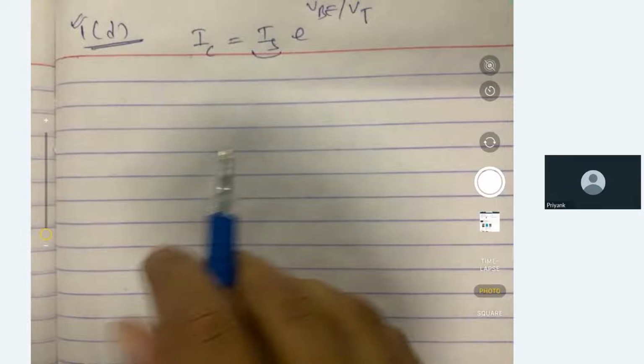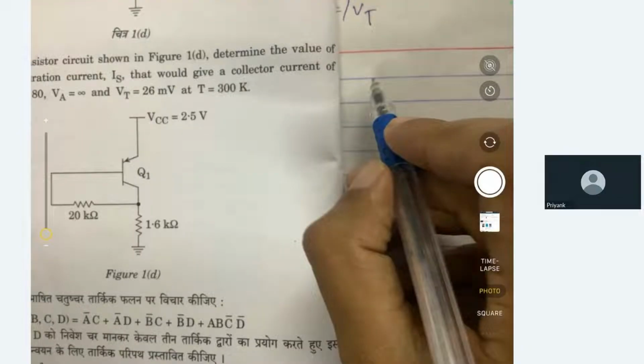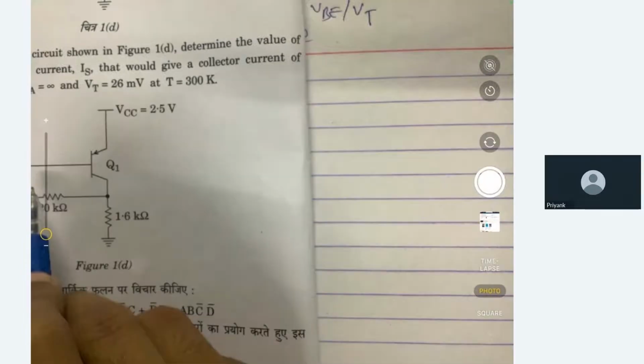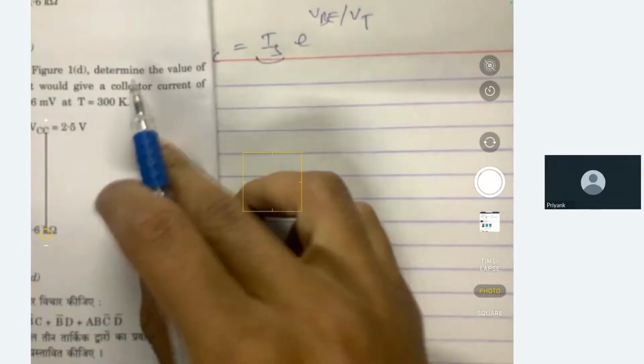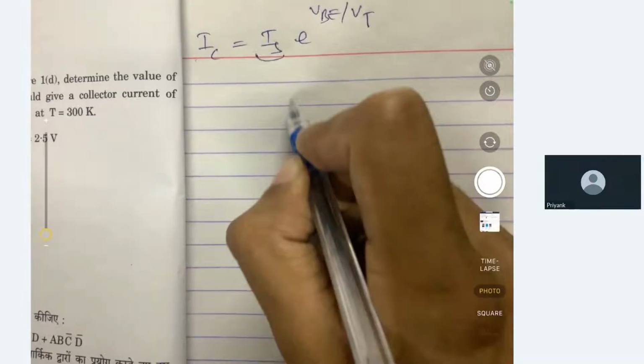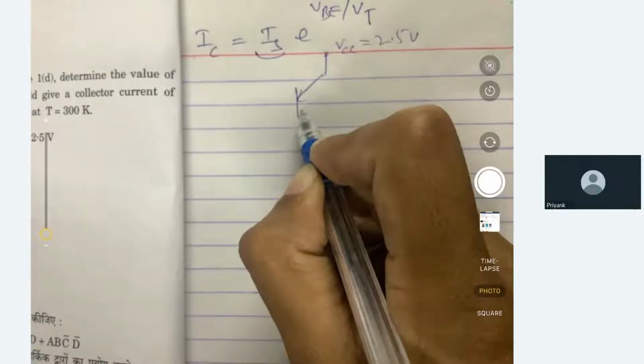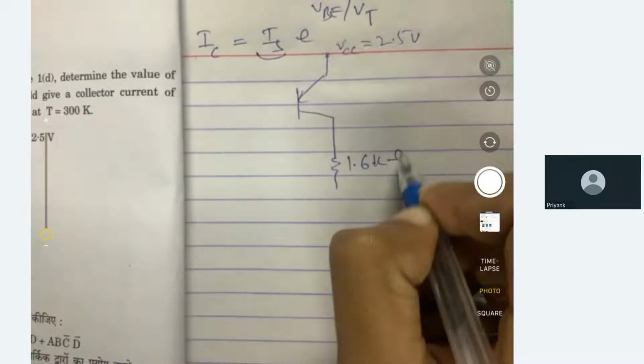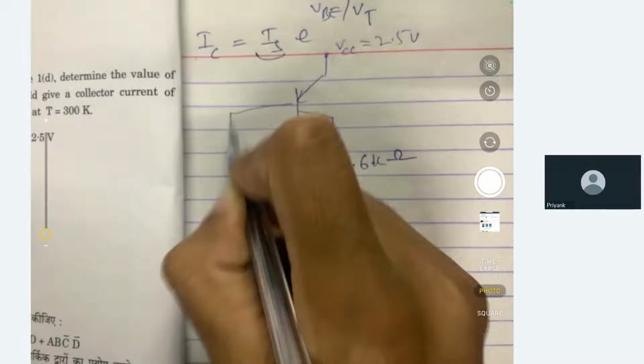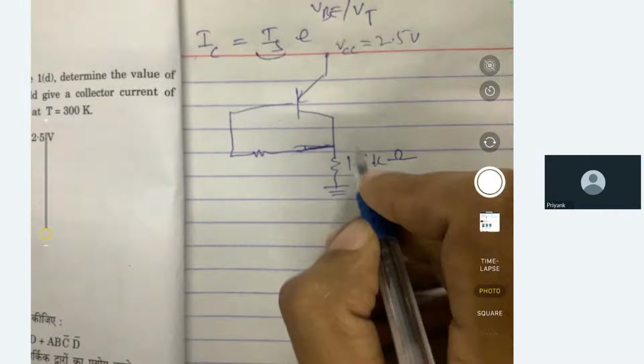We can write this base voltage and emitter voltage. Here the beta value is given and we can use this beta value to find this.